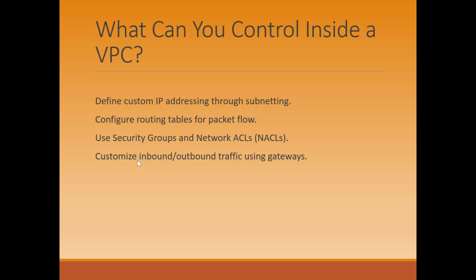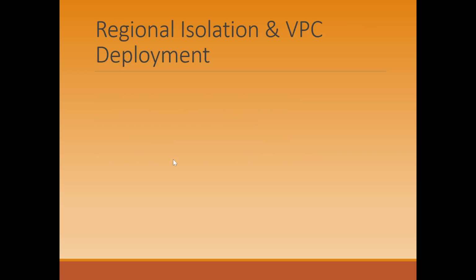Next, customize inbound and outbound traffic with gateways. We'll see what inbound and outbound traffic are. Next, regional isolation and VPC deployment. A VPC resides in only one AWS region.